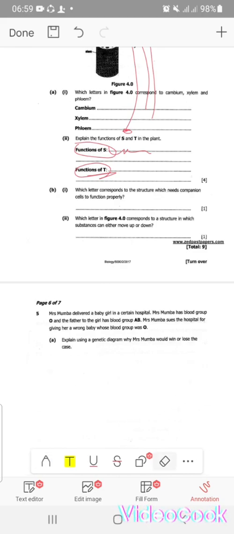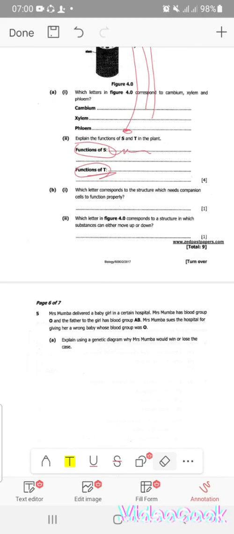Now, when drawing the genetic diagram, you need to show the phenotype of the parent. Phenotype is the physical appearance of an organism. In this case, the mother is blood group O, then the father is blood group AB.